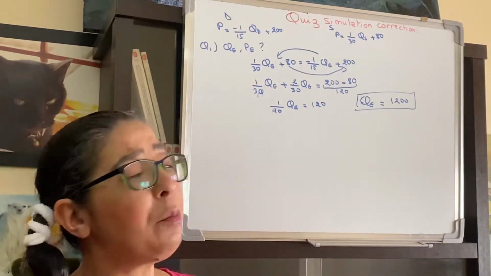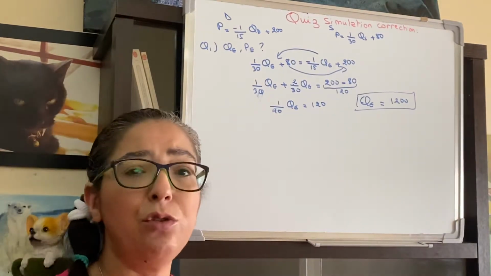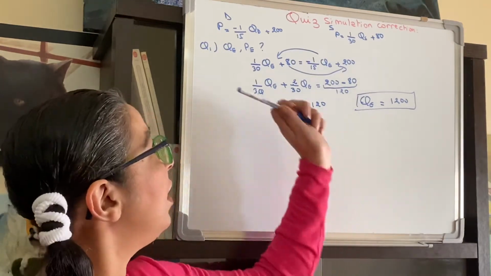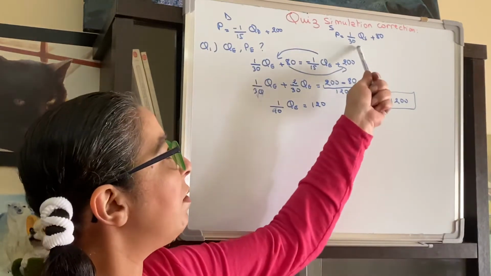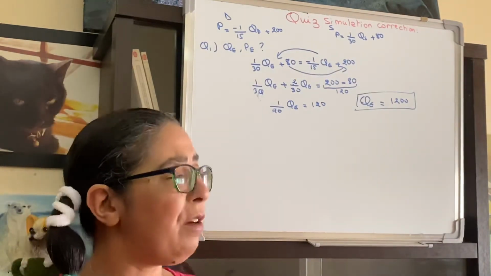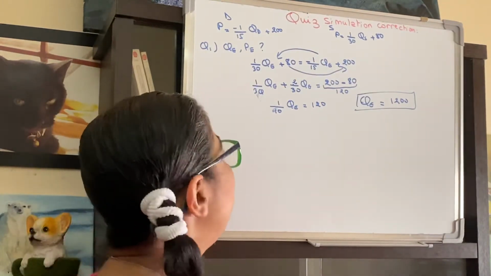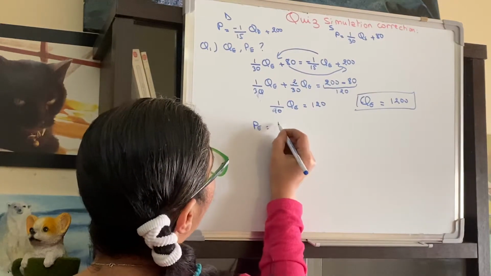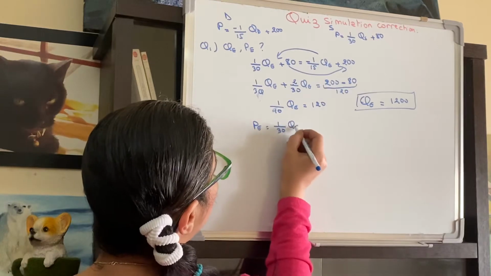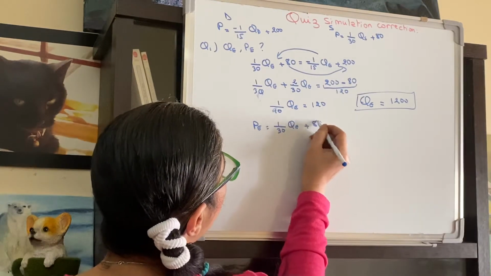Now, in order to find the price, we simply have to plug this into one of the two equations. What I'm going to do is put it in the supply because it's a lot easier. It avoids having the sign mistake. Okay, so PE is equal to 1 over 30 times QE plus 80.